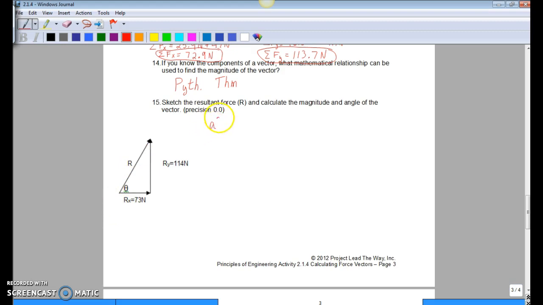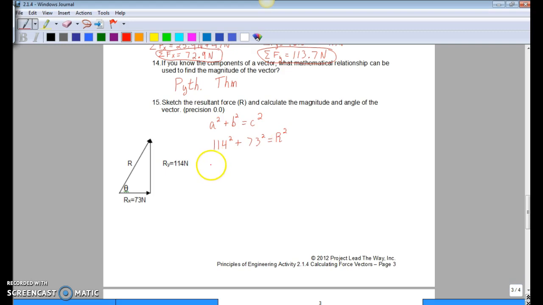So we're going to say a squared plus b squared equals c squared. In this case, let's call that 114 squared plus 73 squared is our resultant force squared.